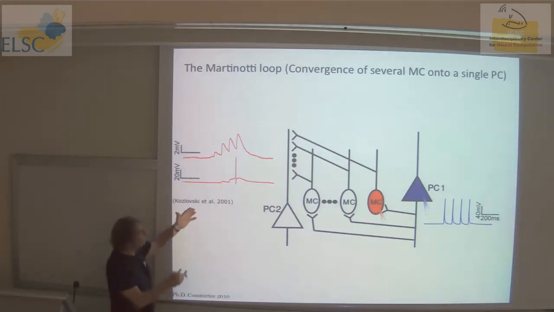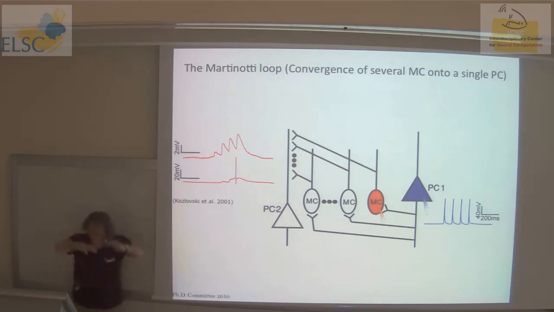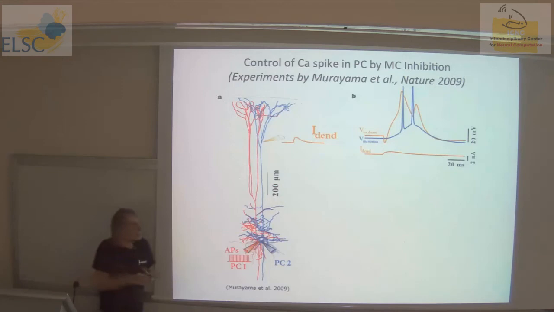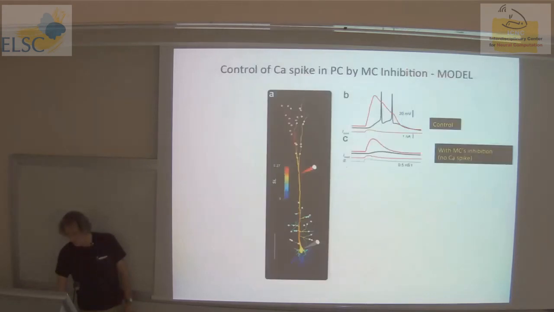And we know that per loop, from 1 to 1, there are about 5. In total, there may be about 12 or maybe even 15 Martinotti converging into one cell. And we now understand much better, I think, both due to the theory but also due to the experiments, that the role of Martinotti really, also experimentally, is to block the calcium spike activating the cell body.